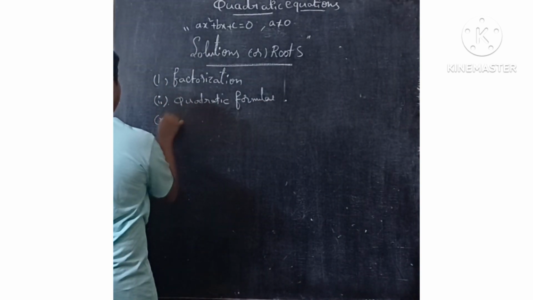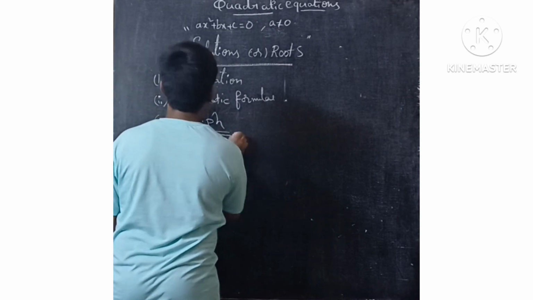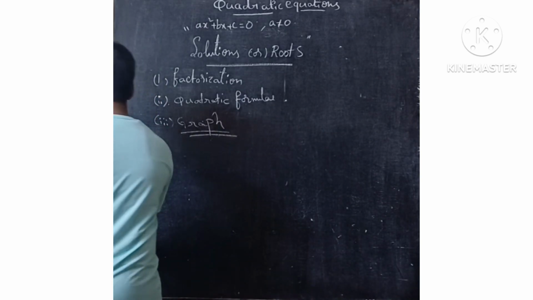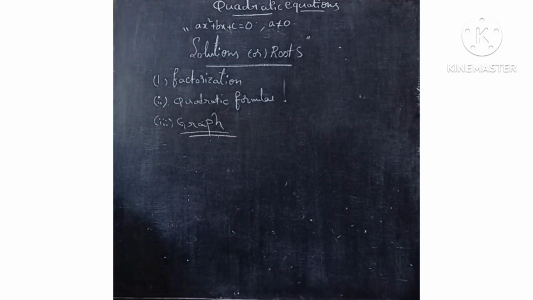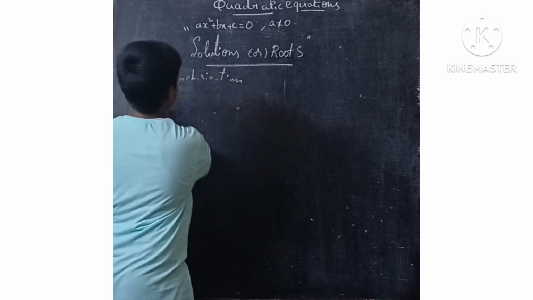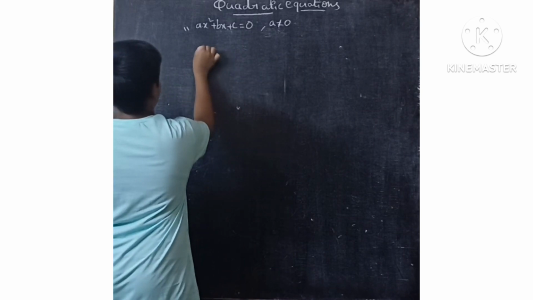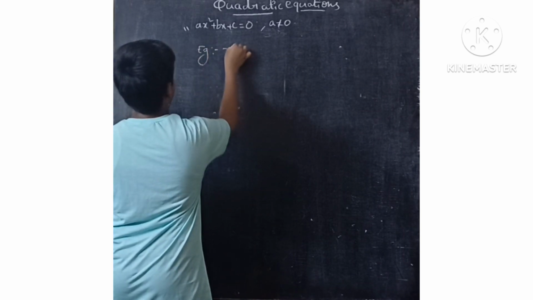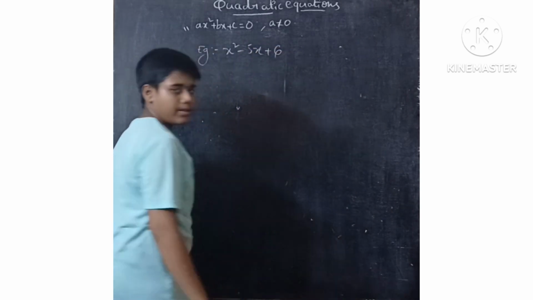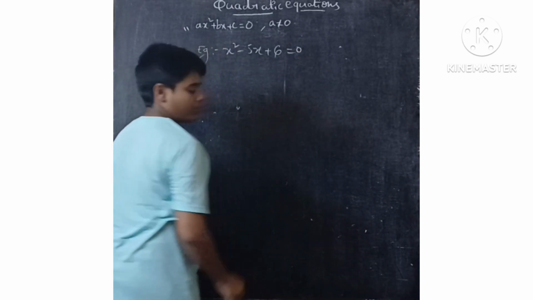Another method is the graph. But the graph is not needed for this process. Okay, for easy working, the graph is not needed. And if we see, for example, x square minus 5x plus 6 equal to 0 is there. How to find?